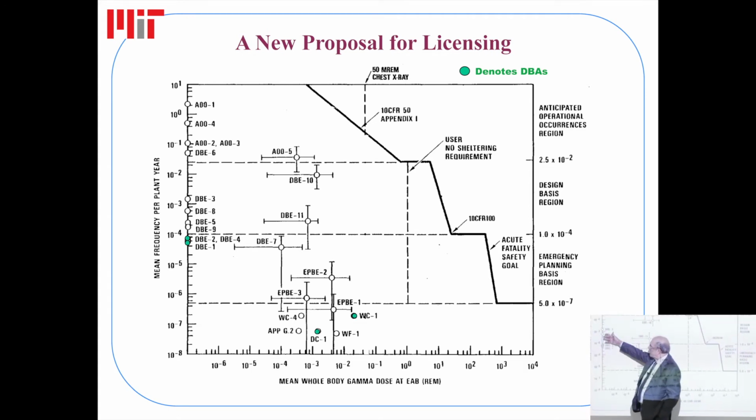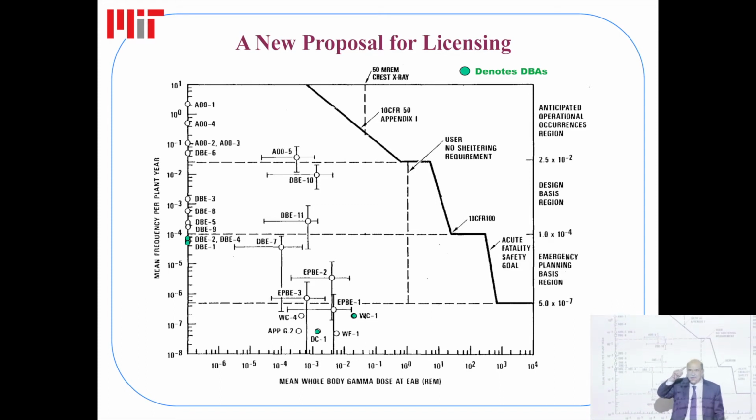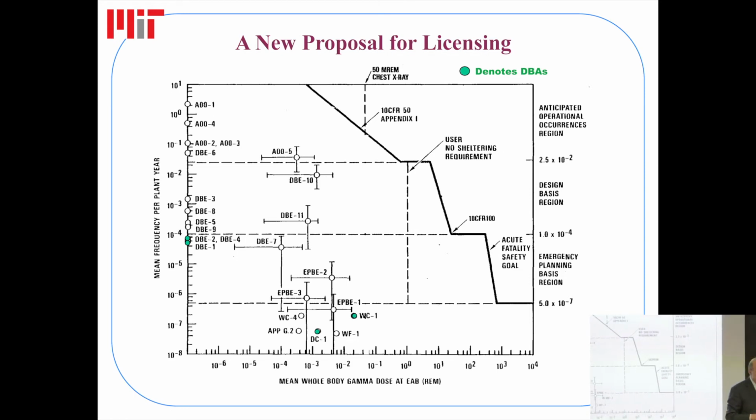Here we have the frequency per plant year, not reactor year, for the whole site of accident sequences. And down here, it's the whole body dose at the exclusion boundary. And they say, this solid line here, there's nothing new there. It's already in the regulations.